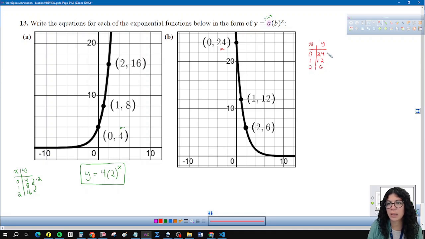So you could see here that each time I'm multiplying by a half. 24 times a half is 12, 12 times a half is 6, and so on. So that means that my decay factor in this case is 1/2. So the equation would be y equals 24 times 1/2 to the power of x.